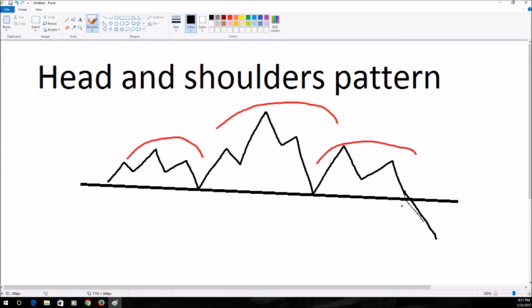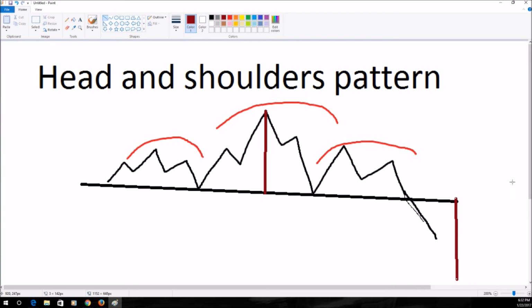And now, if you want to say how low the price will go after breakdown from the neckline, you simply need to take this distance from the neckline to the head. If you take this distance, you can simply measure it down from the neckline.